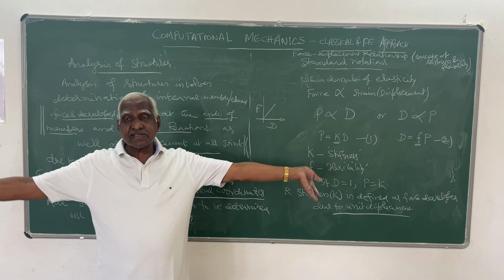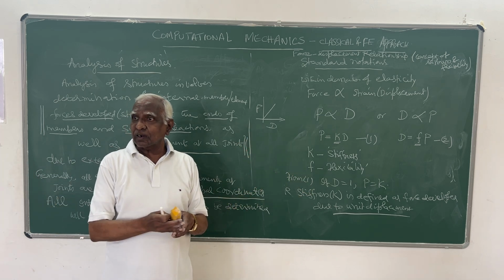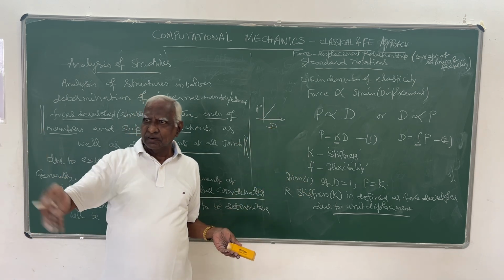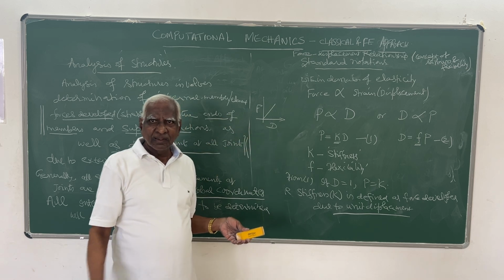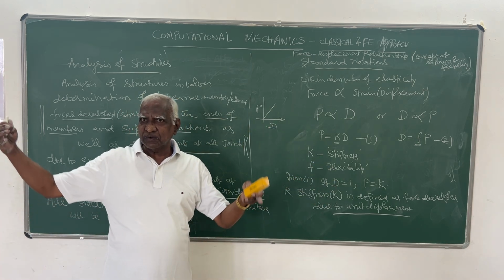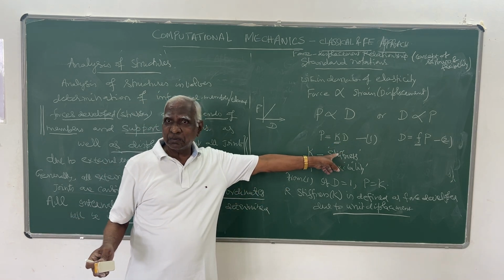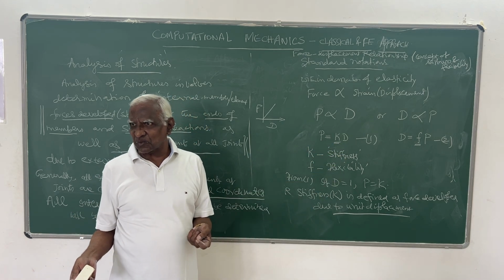If you have a system of forces, in practice we have a number of forces or loads, P1, P2, P3, resulting in a number of displacements, D1, D2, D3, then the relationship is in matrix notation.